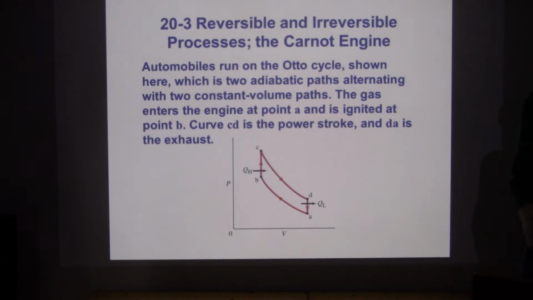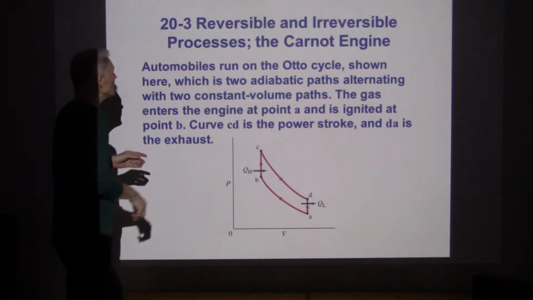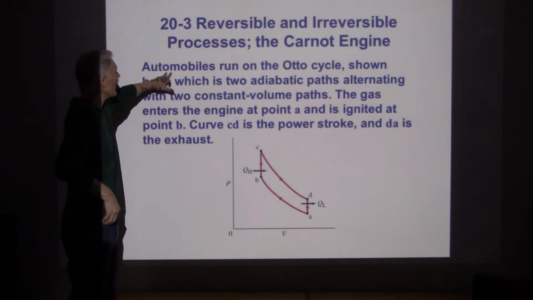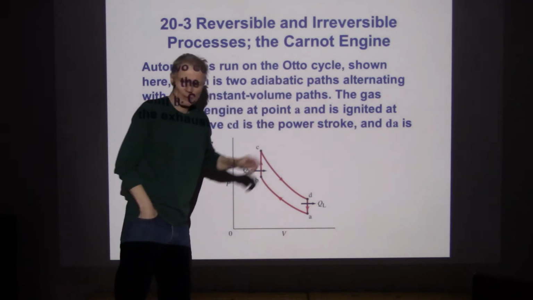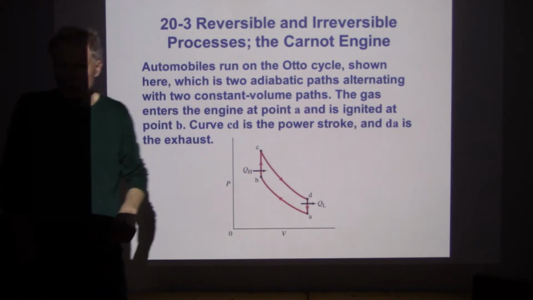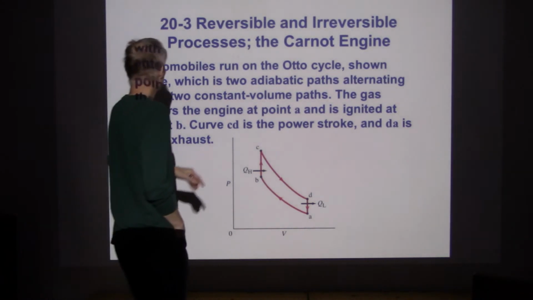All right, so there's a different cycle that we want to look at here. We looked at the Carnot engine. We're going to come back and look at what is called the Otto cycle. This is kind of funny because this is what we use in internal combustion engines in our automobiles, so it seems appropriate.